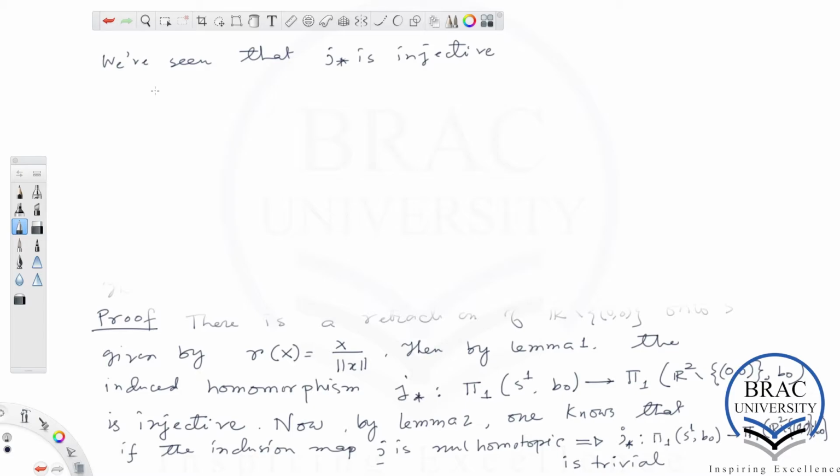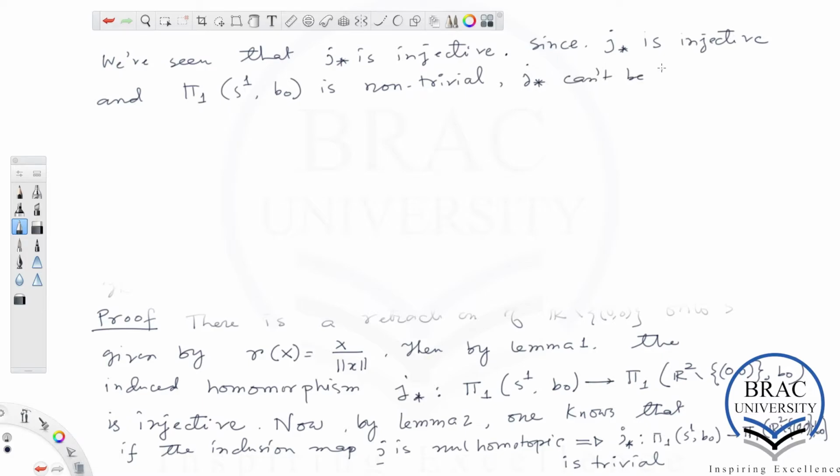So let me write it. Since J star is injective and this fundamental group of S1 with reference to the base point B0 is non-trivial, J star can't be a trivial homomorphism.